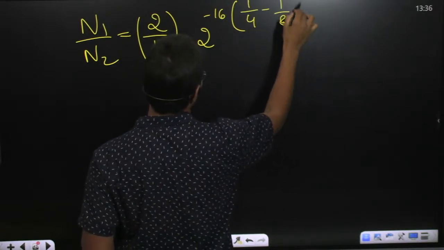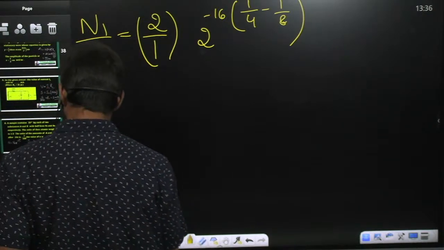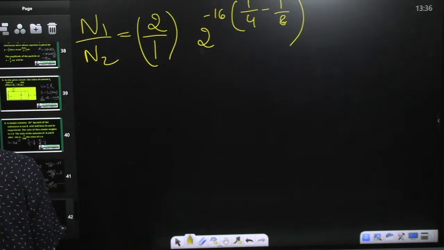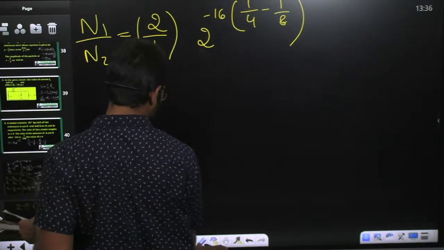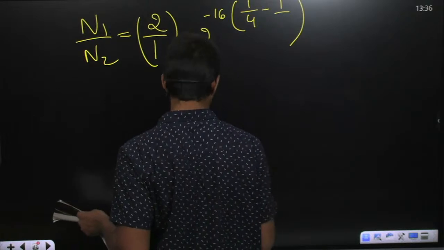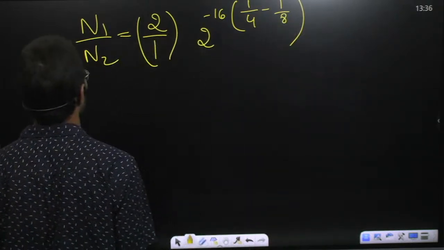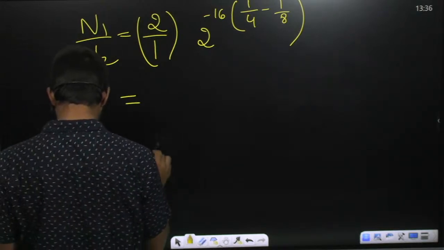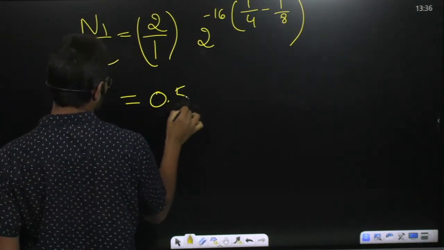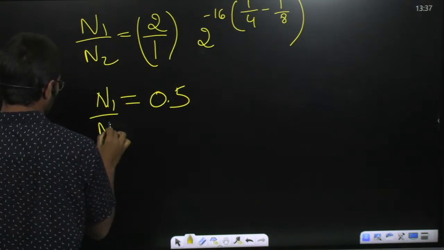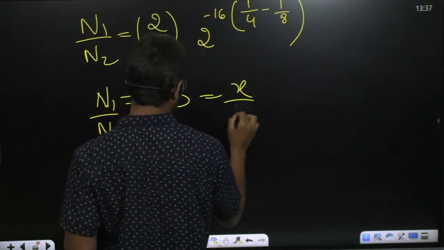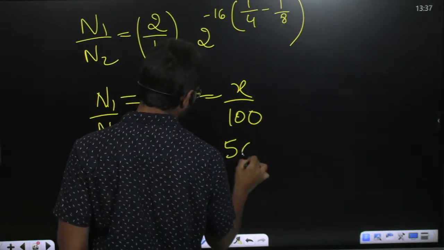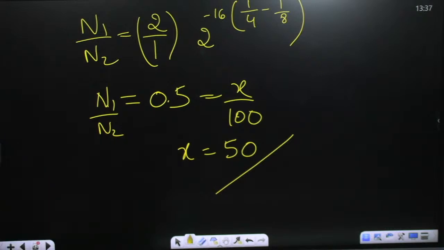Check: T1 is 4 seconds, T2 is 8 seconds. If you solve this, you get 0.5 for N1 by N2, which is equal to x by 100. So x is equal to 50. In your NTA, it is given as 25.